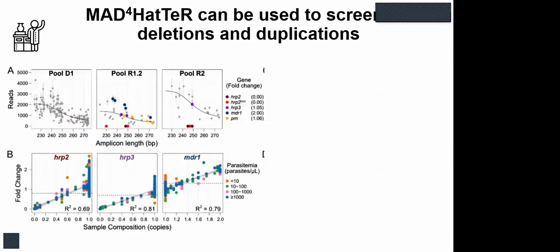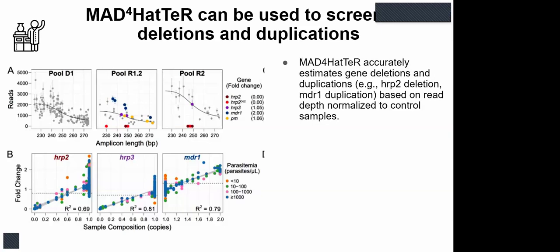So then here we looked at the screening of deletions and duplications. Like I mentioned, this panel can screen deletions, HRP2 and HRP3 deletions, and then duplications, which are mainly for copy number variations. And we are seeing here that MADHATTER accurately estimates gene deletions and duplications based on read depth normalized to control samples.